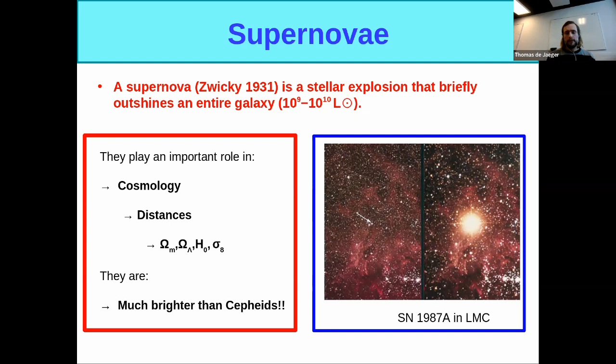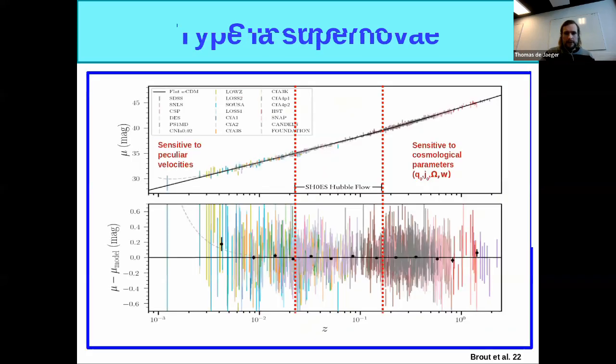And they're also useful for many other fields in astronomy, like stellar evolution or galaxy evolution, etc. Here is, I think, the most updated Hubble diagram with type Ia supernovae, published by Brout in 2022. You can see the distance modulus here and the redshift. And you have almost 2,000 supernovae here.